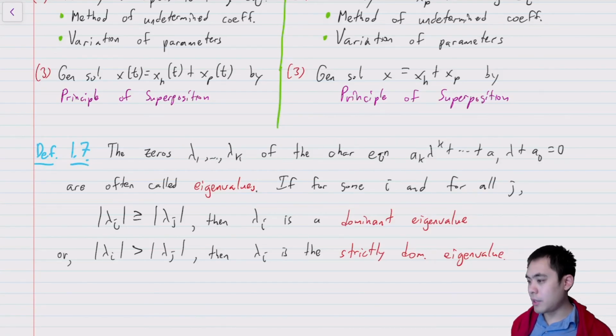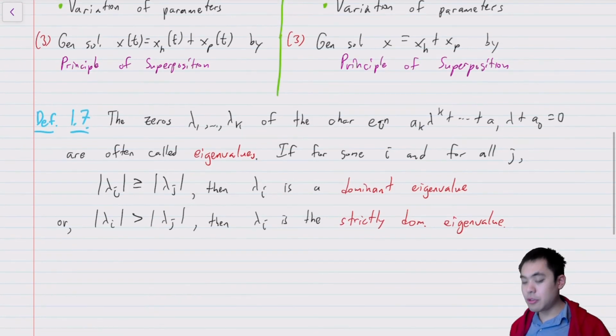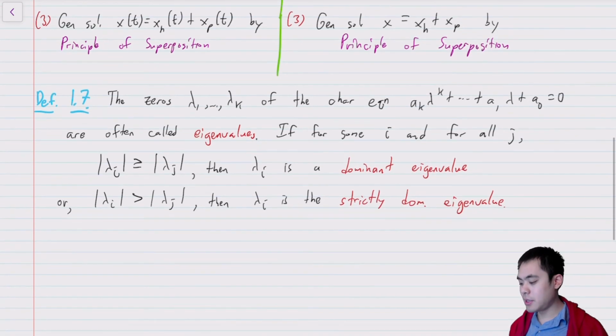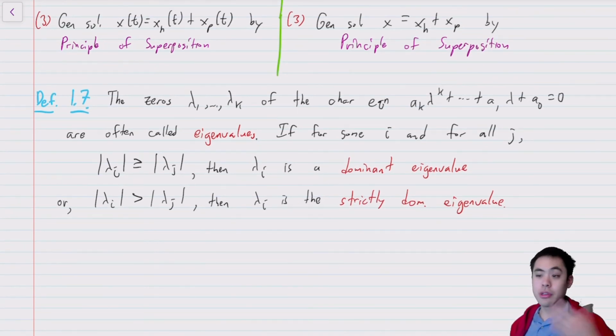And this is quite important because even if you don't fully solve a system for the solution of a higher order linear difference equation or differential equation, you can often understand the overall behavior of the system just by looking at the dominant eigenvalues.